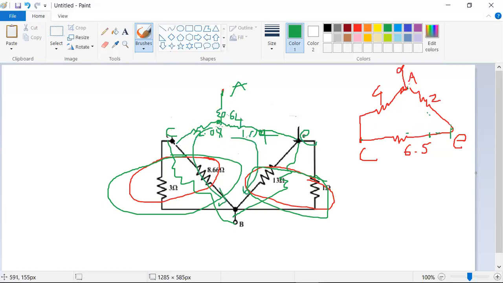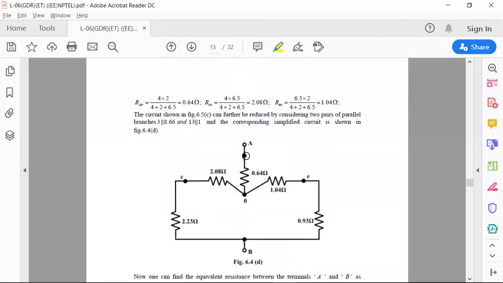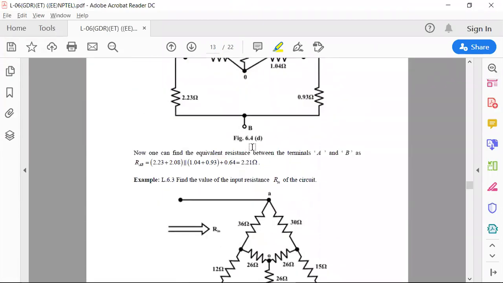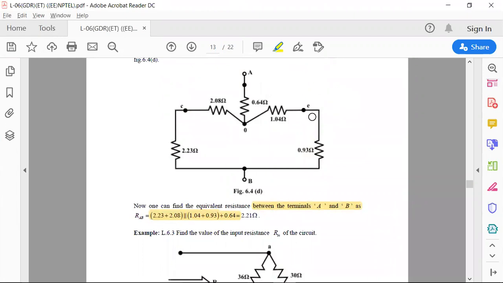The resulting parallel is in series with 0.64.